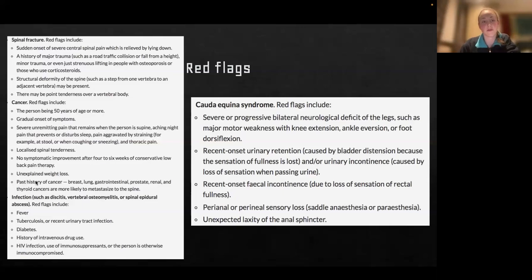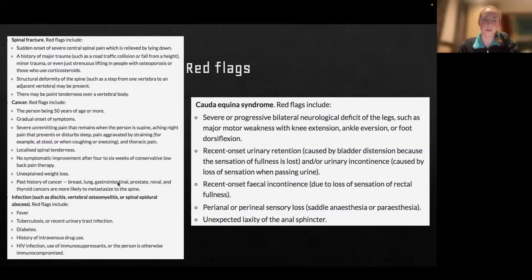The 5 cancers that classically metastasize to bone can be remembered by the Bs, except only 2 actually begin with B: breast, bowel, lung, prostate, renal and thyroid. If someone's got a past history of any of those cancers, you want to be really thinking, could it be bony metastasis?